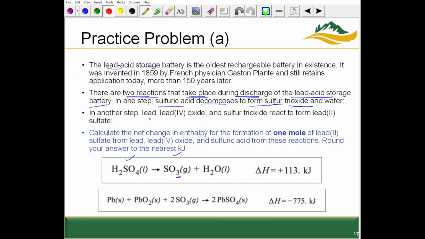In another step, we have lead. This means lead metal, right? If it's not specified for anything, so just lead metal with that solid there. Another example of this, if we were told that copper reacts, that means Cu metal, so Cu solid. With lead oxide, lead 4 oxide, what does that Roman numeral mean again?